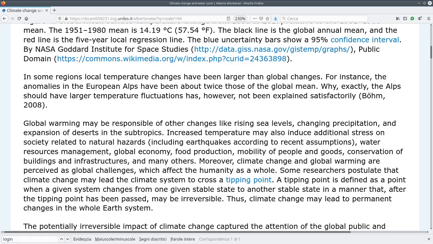Still, it's not very clear why, according to observations, there has been a decrease in evaporation after warming. And the reason may be that the global warming is changing also the wind field.